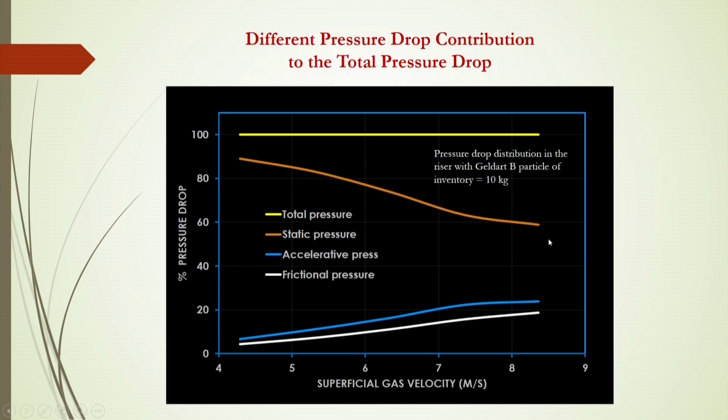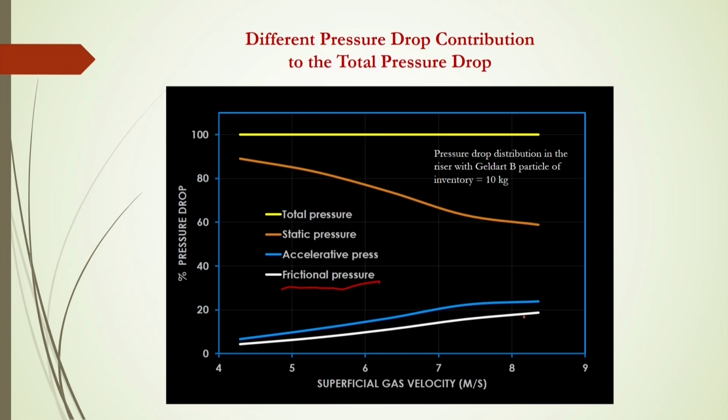Now, see in this diagram how the different pressure drop contributions to the total pressure drop change. Suppose we represent the total pressure drop by this yellow line, the static pressure drop by this brown line, the accelerative pressure drop by this green line, and the frictional pressure drop by this white line.